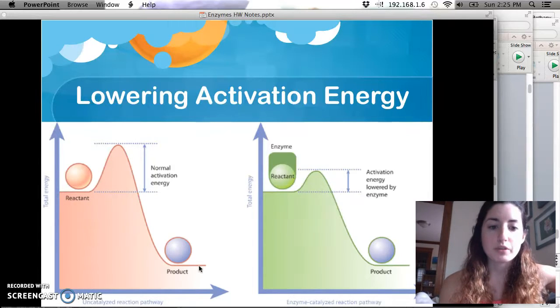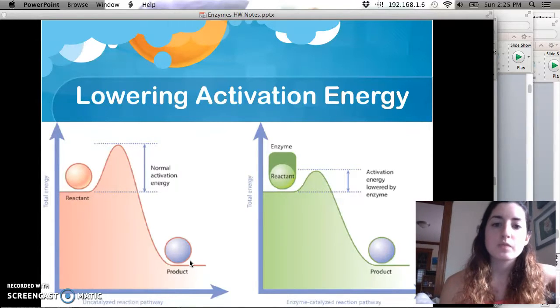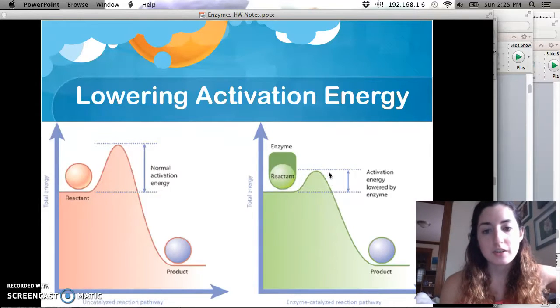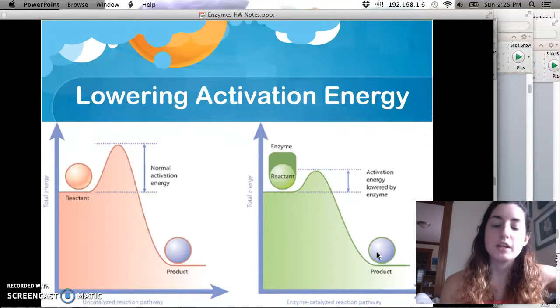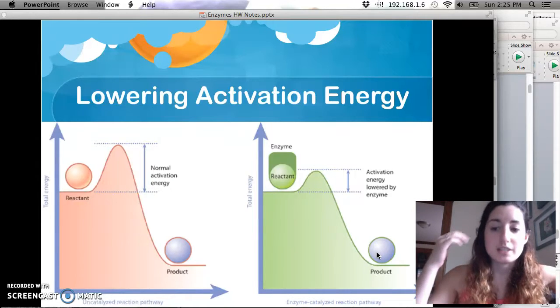Notice you start in one place and end in another. But with an enzyme, the reactant, notice, starts in the same place, but the hill is much smaller because the energy required is much less. So the enzyme lowers the activation energy. You go over just a tiny hill, and you end up in the same place with the same product at the bottom. It just took you less time, and it was easier to get there.